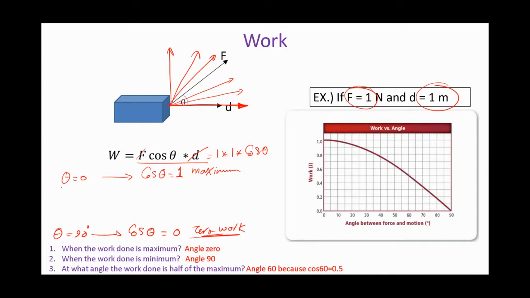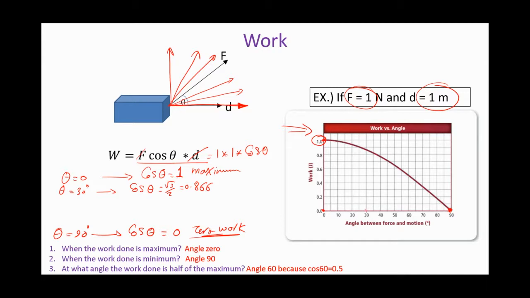What if the angle is 30 degrees? Is less. Angle is 30 degrees. Cosine theta is what? Root 3 over 2, which is 0.866. So the work is 0.866 of the maximum work. The maximum work is 1. If we look here, at 0 degrees, the maximum work is 1. At 90 degrees, the work is 0.